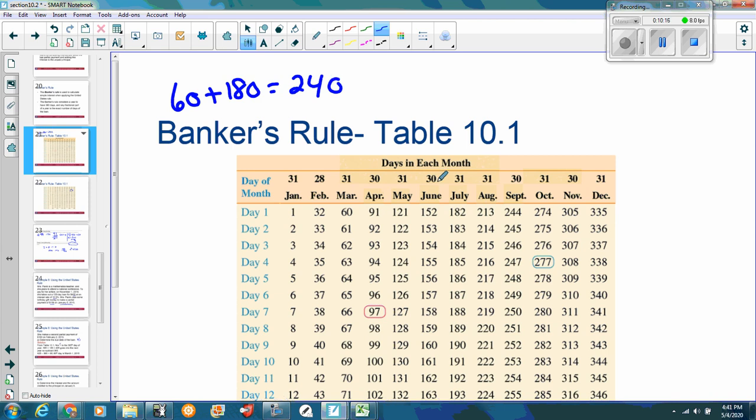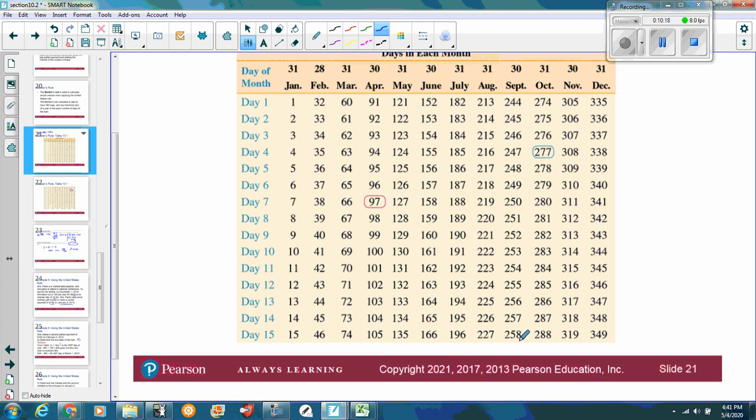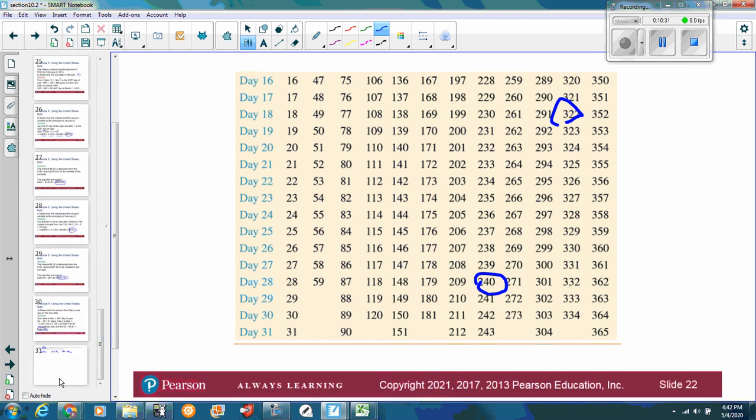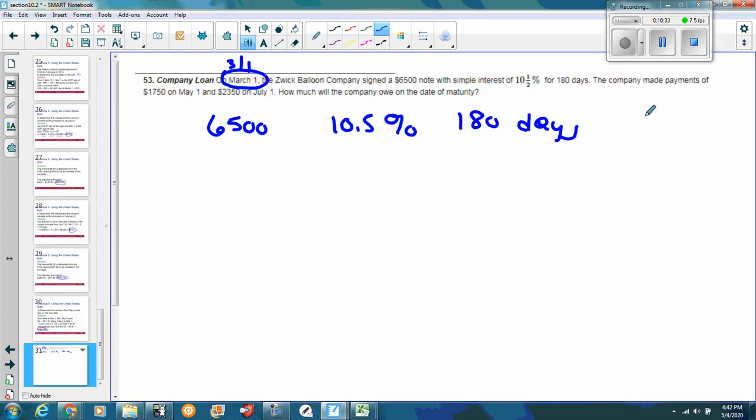Day 240 is, of course, on the other chart, right here, and that ends up being August 28th. Okay, so let's go back to our question here. The due date, because that makes a difference, so I have to do that first. So the due date is August 28th.